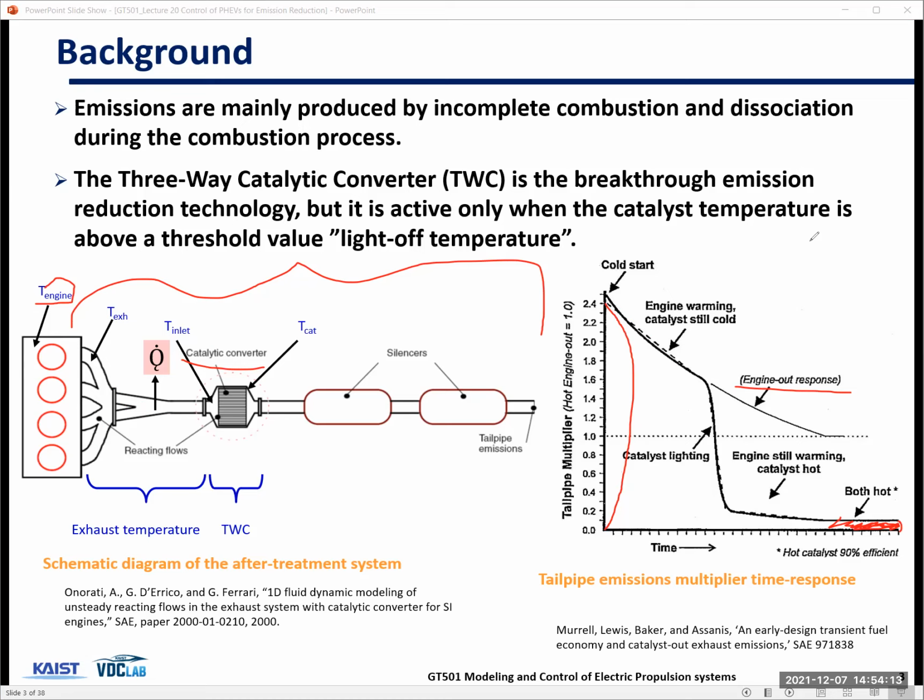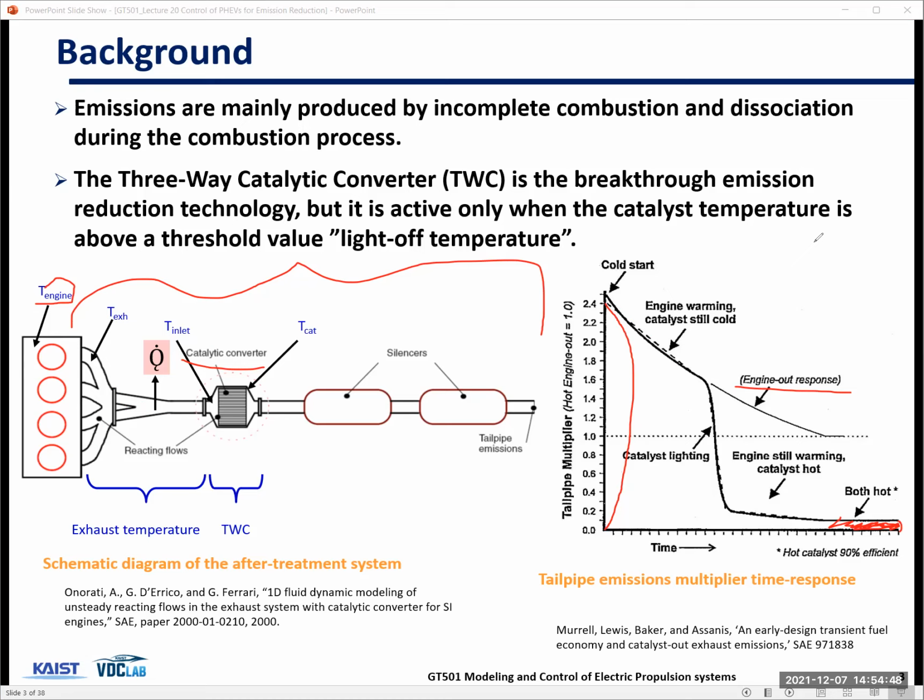Yes, there's that aspect too. To explain why that's happening, you need to take an internal combustion engine course, and it's all about thermodynamics. But two major causes are incomplete combustion and dissociation, and that's outside the scope of this course.